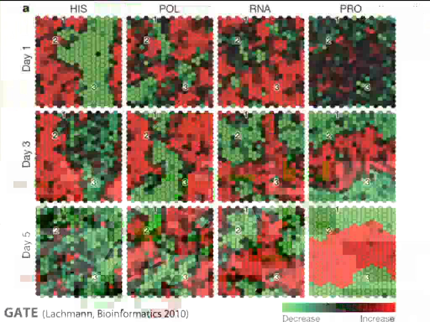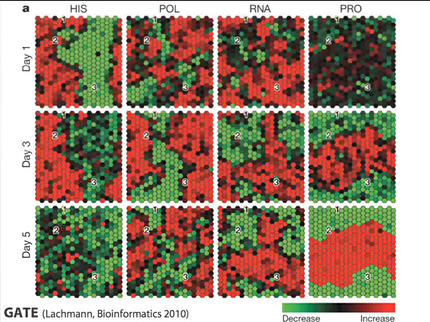How the signal starting at NANOG spreads through the network. One of the spin-offs of our paper, at the lab of Avi, is a tool to visualize such multidimensional data, but what you see here are genes, and our four data types are the little dots here.